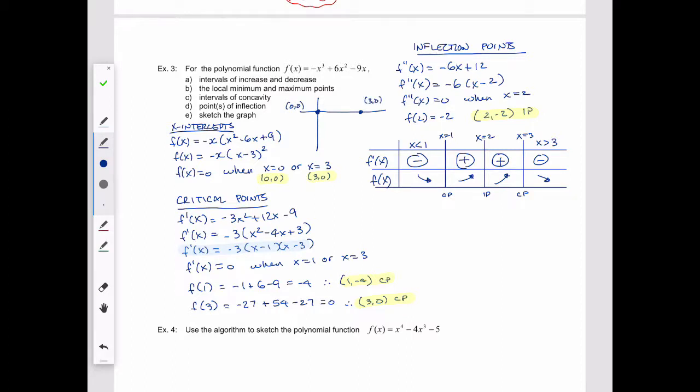And using my knowledge, we know that somewhere there's going to be 1, negative 4 as my critical point. So my critical point of 1, negative 4. And our inflection point we said was 2 and negative 2. 2, negative 2 is approximately here. So my inflection point of 2, negative 2.